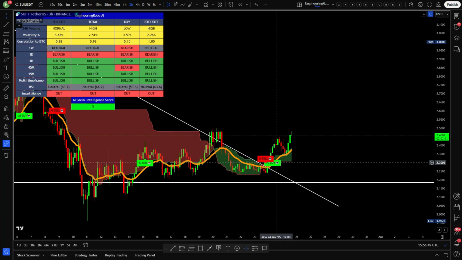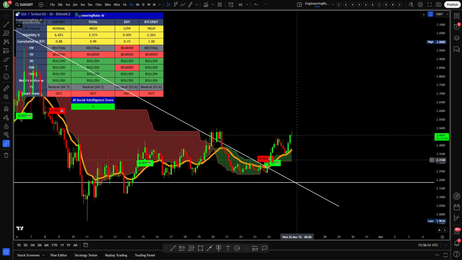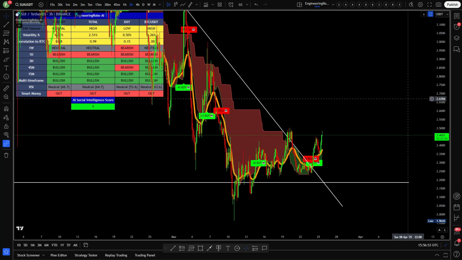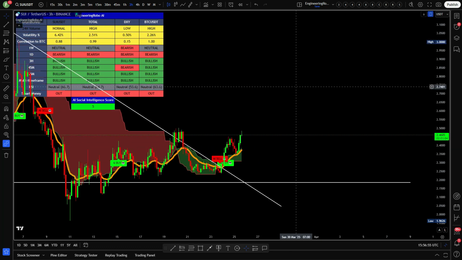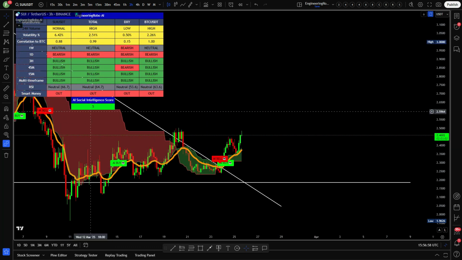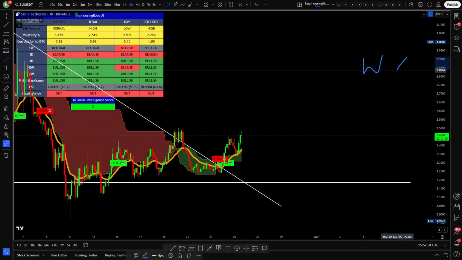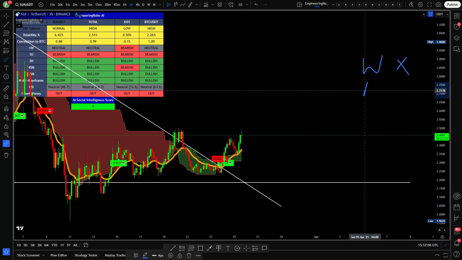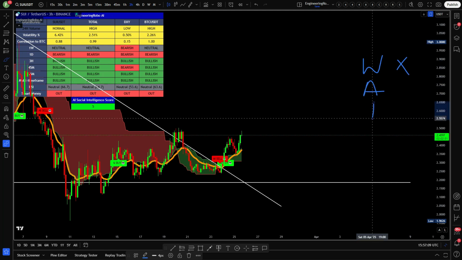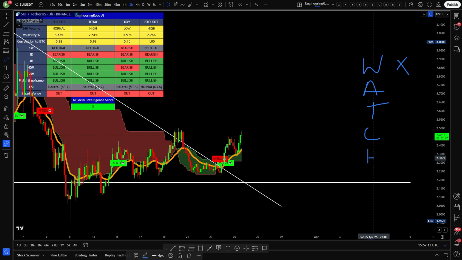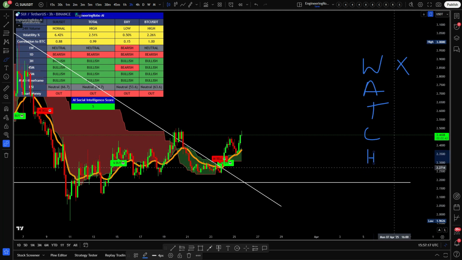What we can see is the green cloud has printed, so that's a win for the cloud. We can see that the whales are still out, so whales is still no. A is the AI signal, T is the trendline break, H is the high intelligence score.